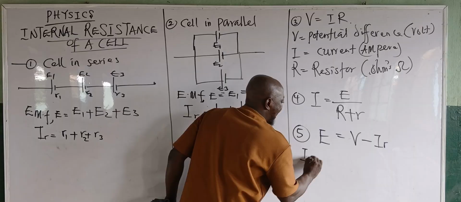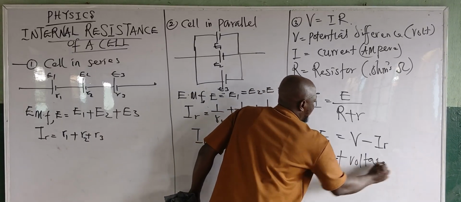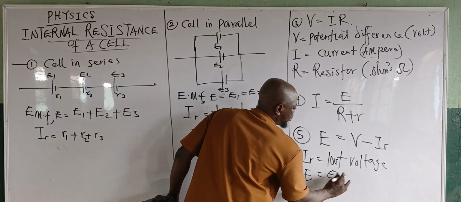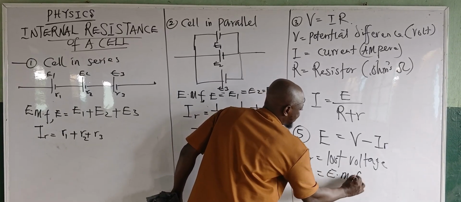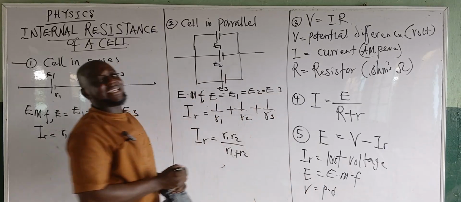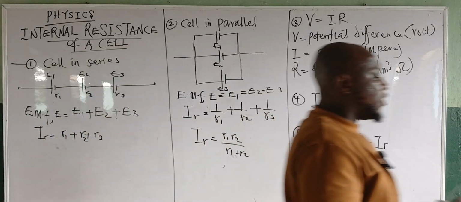Where our IR is our lost voltage. And then our E, you know, is our EMF, electromotive force. You should know that. While V is my potential difference. So these are all what we need to learn as we go forward.